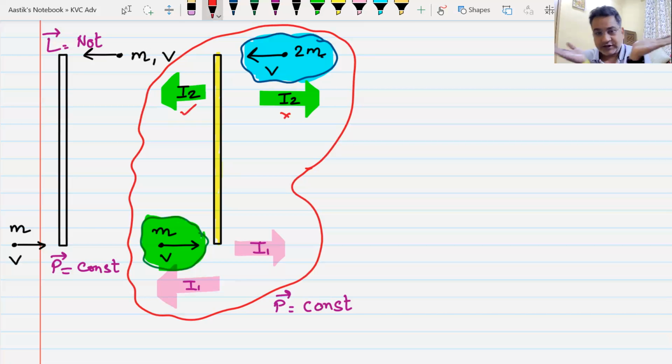They are equal and opposite at the same point. Yes or no? Yes, sir. So the angular momentum is also constant. Both are constant.